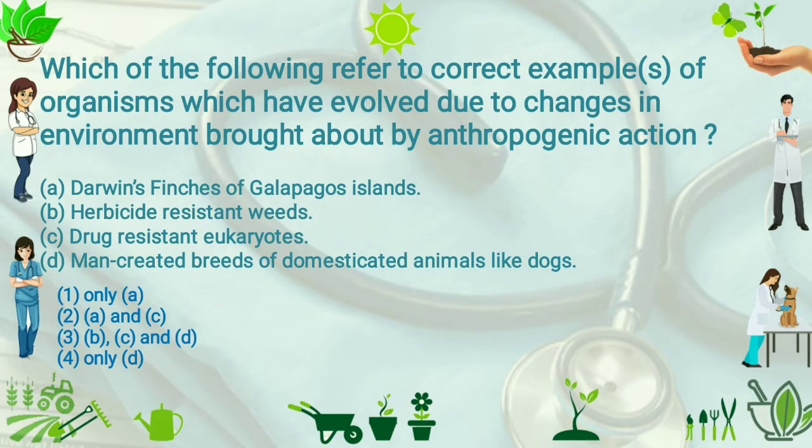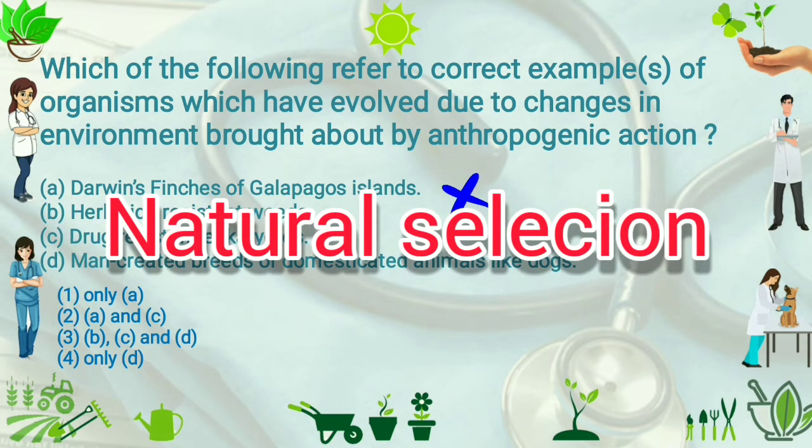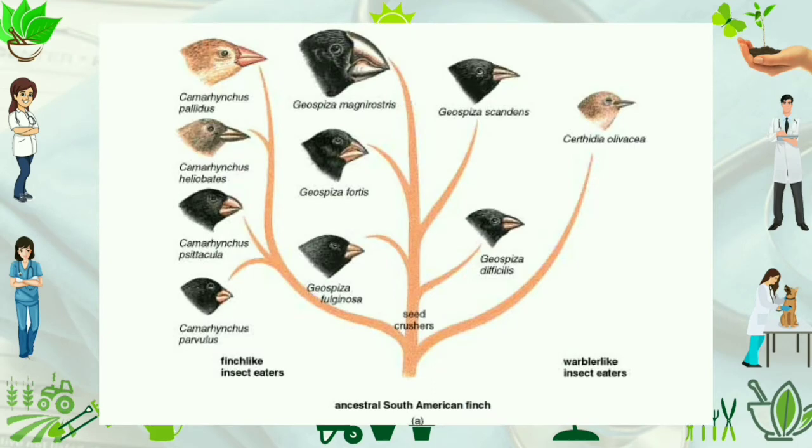So we can see that the first option will never become the answer since it is a typical example of natural selection. The finches of Galapagos Islands helped Charles Darwin to solidify his idea of natural selection.